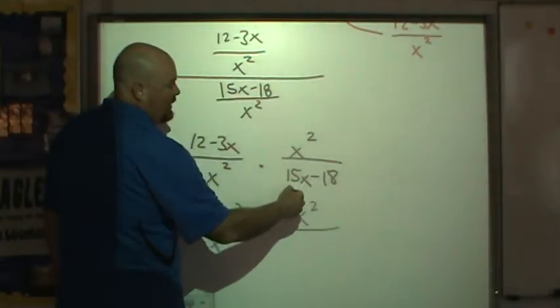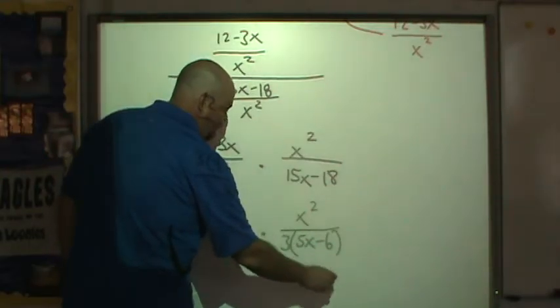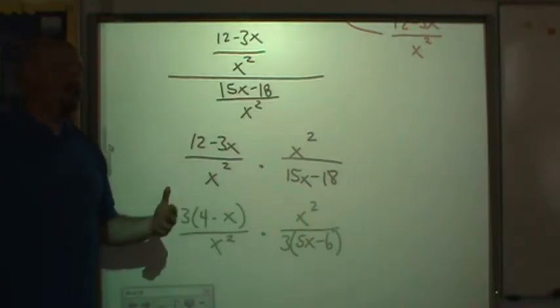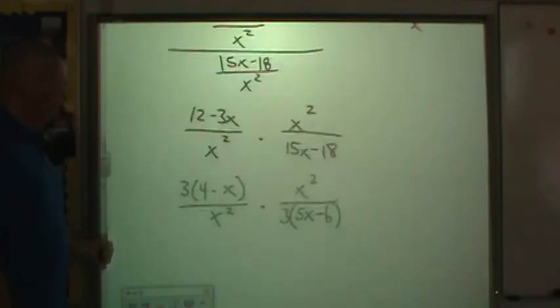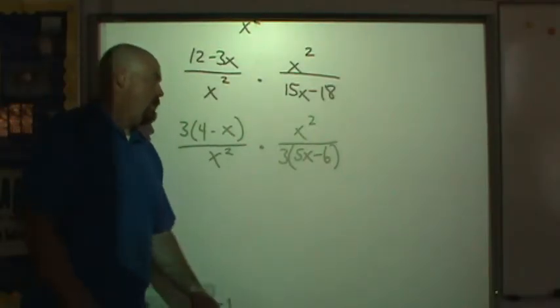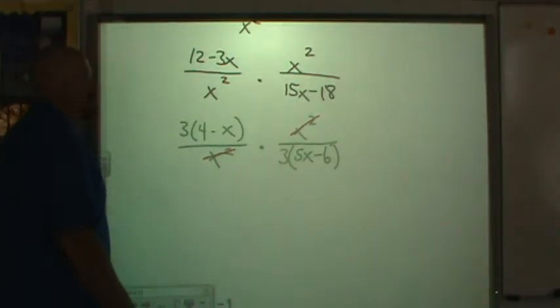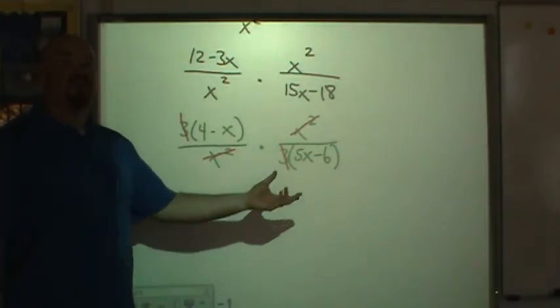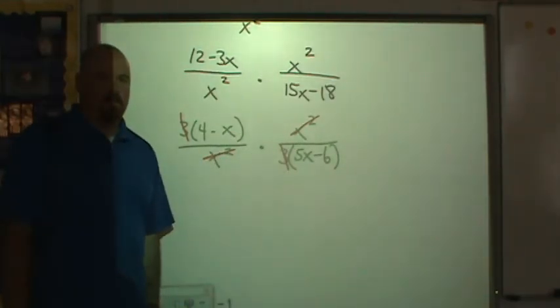On the bottom over here I can also factor out a 3. So like we said, in order to cross-cancel effectively, we want all of the factors written out. So now we can say, here's an x squared, and here's an x squared, and here's a 3, and here's a 3. And I'm allowed to cancel those 3's because they are factors. They have been multiplied by something.